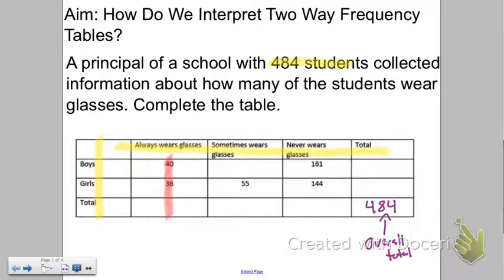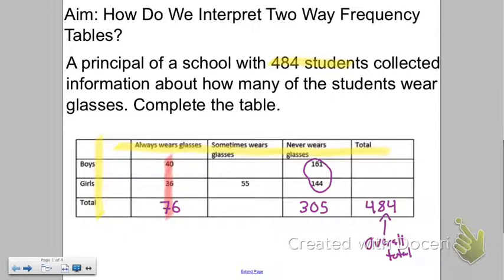So I know that the total of students who always wear glasses is just going to be to add those numbers. So my total there would be 76. Students who never wear glasses, I also see I have 161 and 144. So when I add those numbers, I get a total of 305 students.